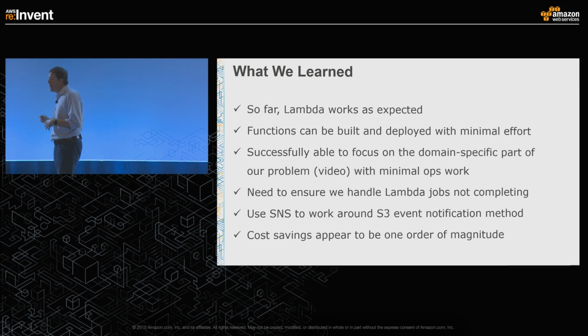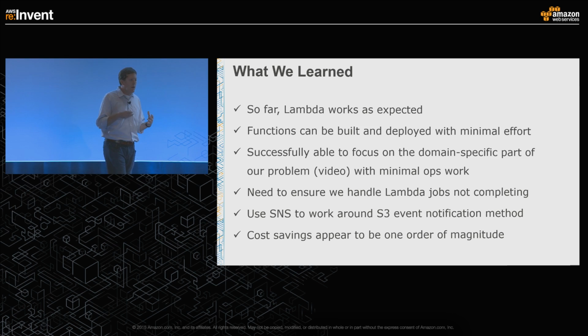And it's allowed us not only to start building the features that I talked about a little earlier, adaptive bitrate streaming, mid-roll advertising, it's also allowed us to think about video in different ways and start thinking about new features we might want to add that we didn't really have the time to think about before we started this conversion process. There are still a few open questions for us.